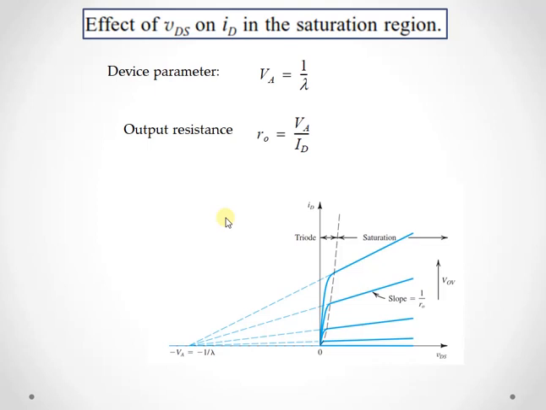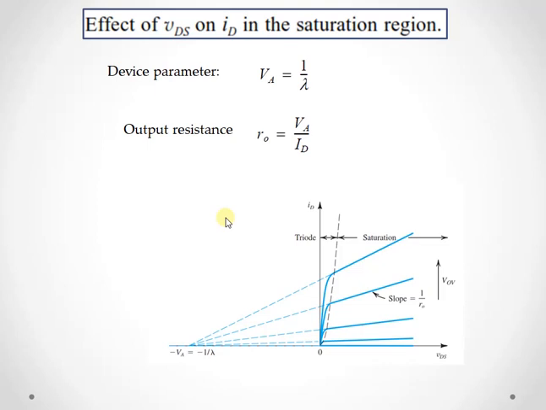And if the value of ID is equal to 0 at VDS, then VA will be equal to 1 by lambda, where VA is the device parameter with the dimensions of volts, and for a given process VA is proportional to the channel length that the designer will select for a MOSFET.